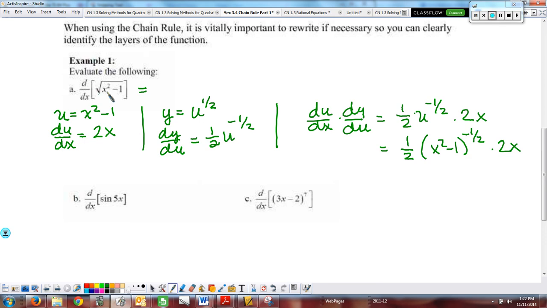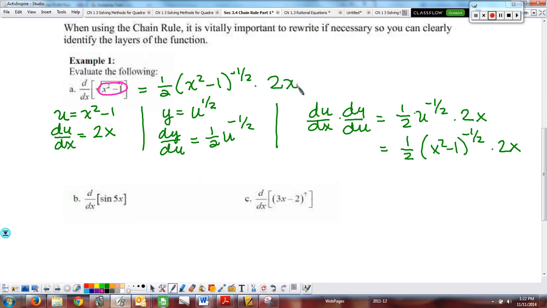The idea is you have to do several parts of this as you go. Now, as we get better at this, especially if it's only two functions put together, sometimes you don't need to write as many steps out to figure out what the chain rule is doing. If I can in my head go, that's the inside, and this is stuff to the 1/2, or u to the 1/2, the derivative of u to the 1/2 is 1/2 u to the negative 1/2.